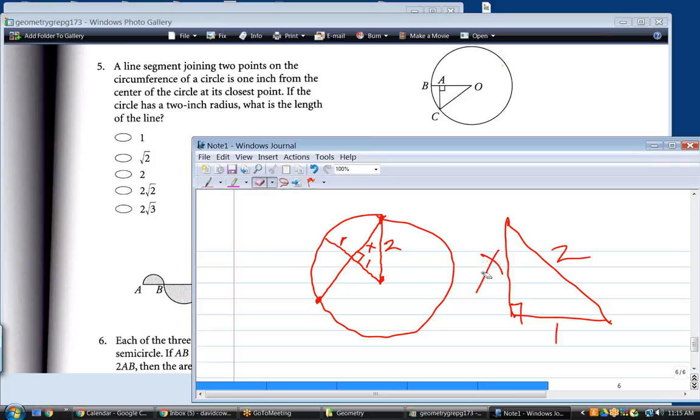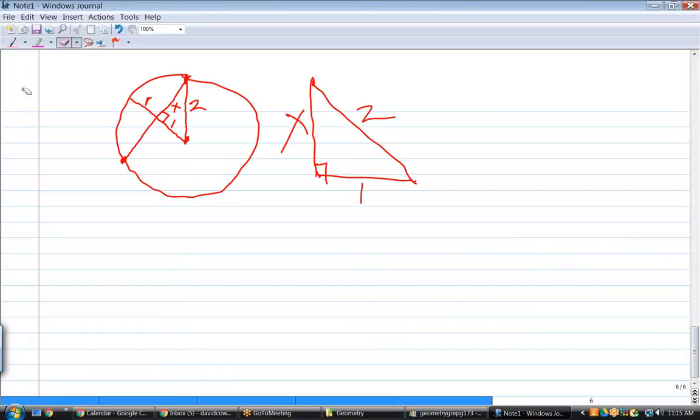When I say give it to me, I mean that because we worked all day yesterday on solving right triangles. So x is equal to what? X is equal to the square root of 2 squared plus 1 squared.